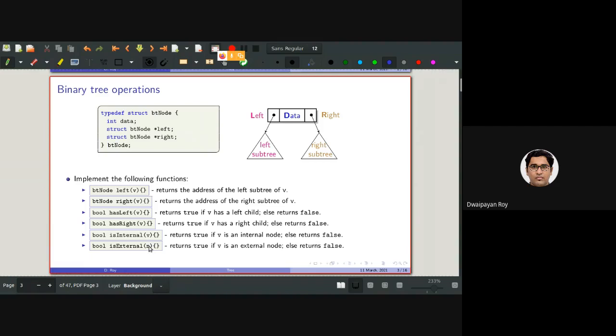And is external, given this node n, so I tried to write it v. Sorry for the typo here, it should be v. So is external v will be returning true if v is an external node. They are pretty easy. If you have not written this, for the time being, I am sure that you will be able to write this.